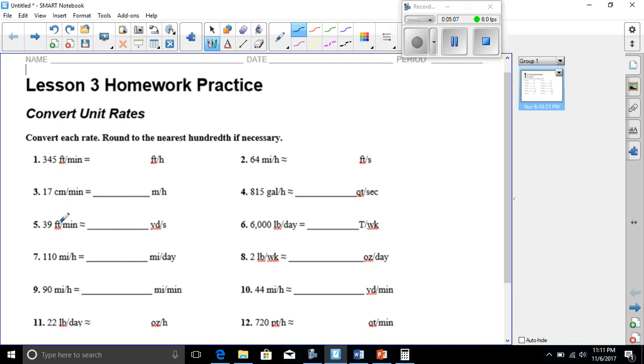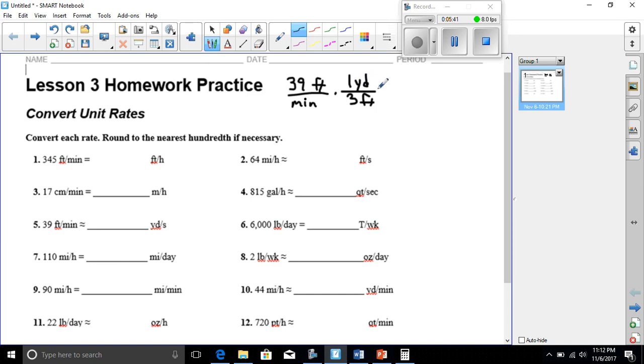This one says 39 feet per minute. So that's 39 feet per minute. And I have to realize I'm making it yards per second now. This isn't too bad because I know for every 3 feet there's 1 yard.